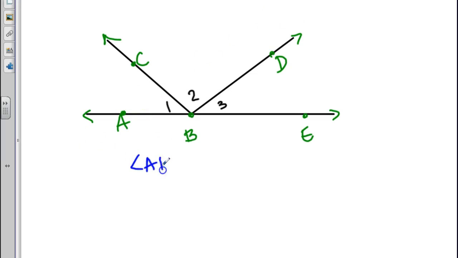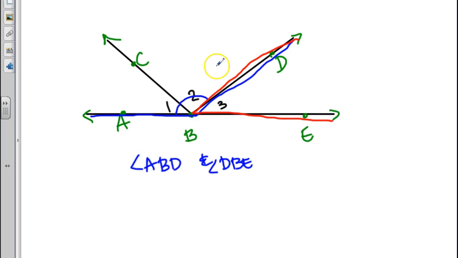Would angle ABD and angle DBE form a linear pair? Yes. First, are they adjacent angles? Yes, they share a side and they have the same vertex.